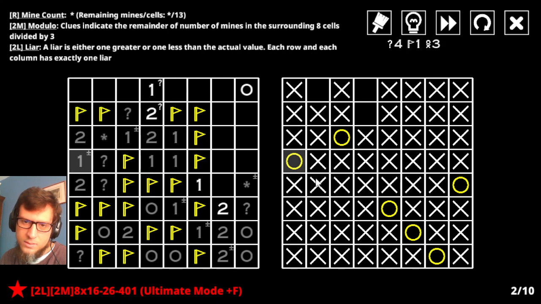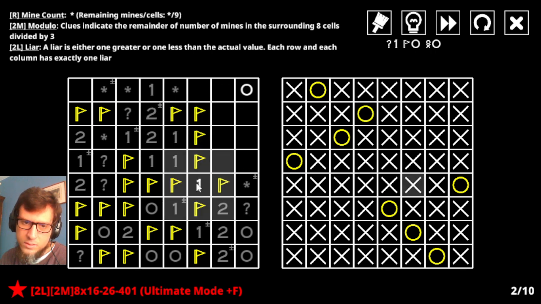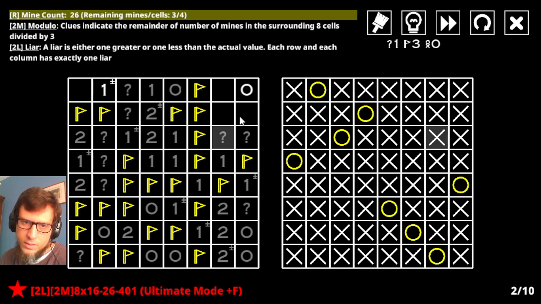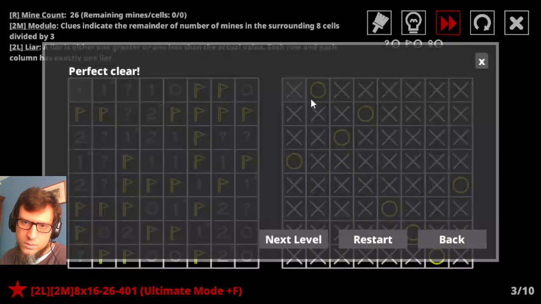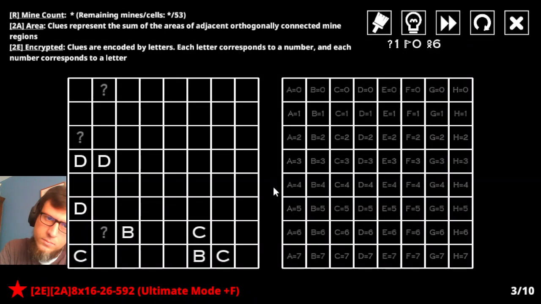That is interesting. Well, then this and that, and now, yeah. Oh, that's gone, so we have this, and then, okay. You. There are 3 left, it has to be those 3. Okay, encrypted area. I don't think I've seen that one before.